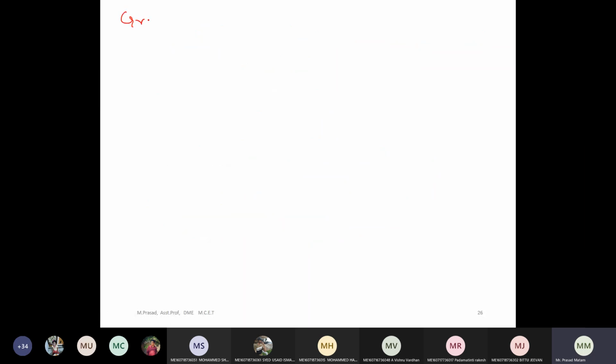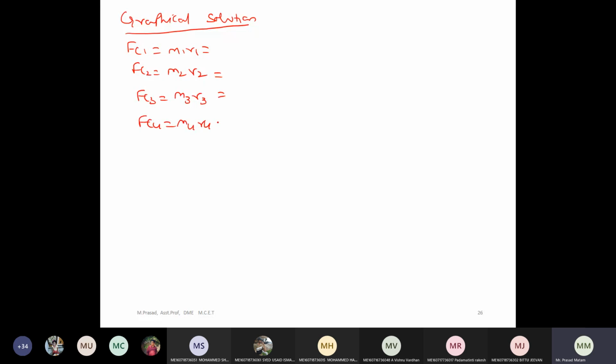Let us solve the same problem by the graphical solution. So FC1 is M1R1, FC2 is M2R2, FC3 is M3R3, and FC4 is M4R4.